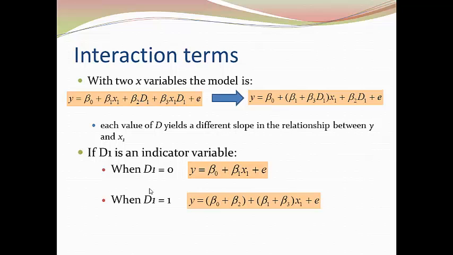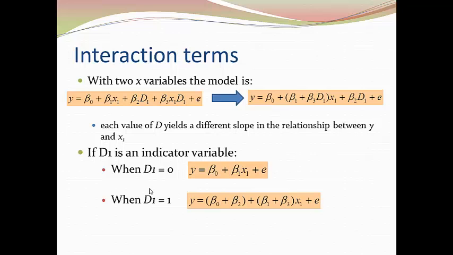So when I have that interaction term, not only does my intercept change, but the slope of my line also changes. So what this does is it takes the average change in your dependent variable and shows how that change is different for each of the different groups.